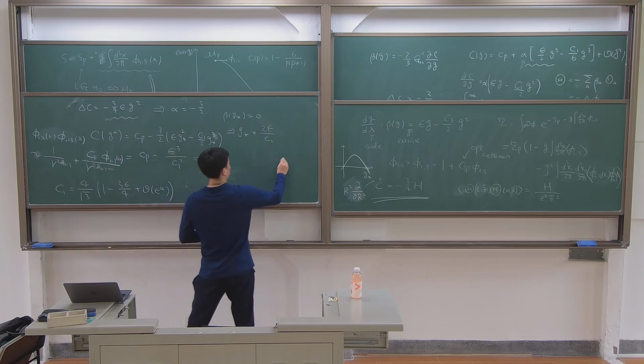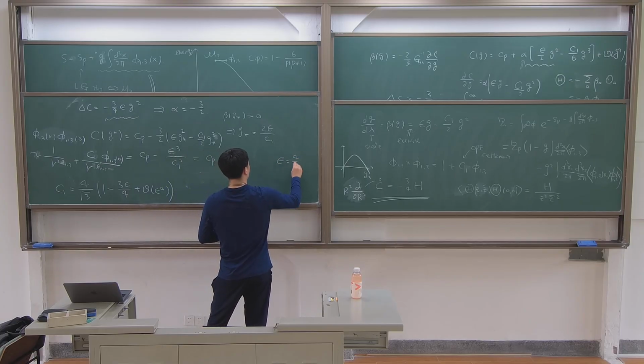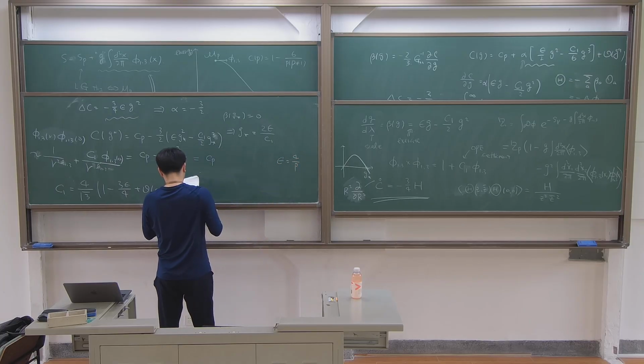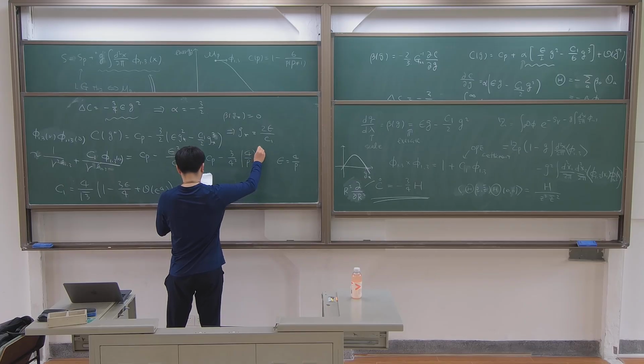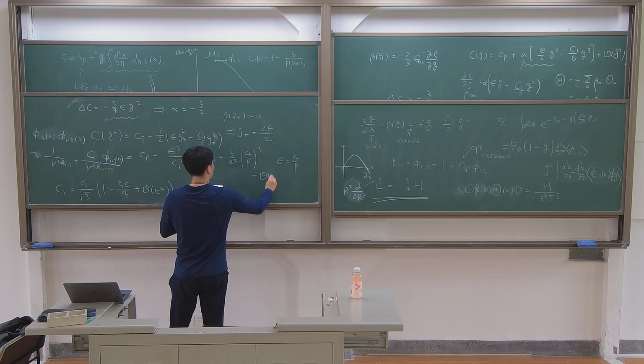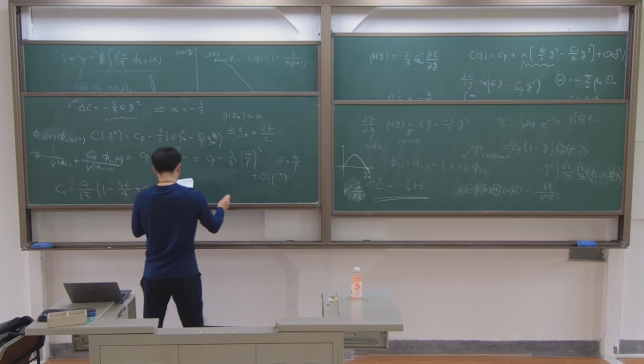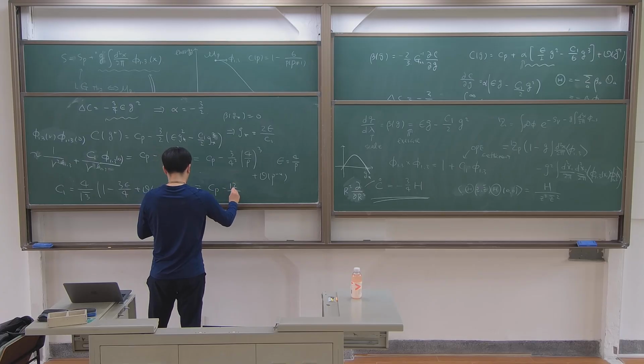And epsilon is essentially 4 over P. And this is equal to C minus 12 over P cubed.